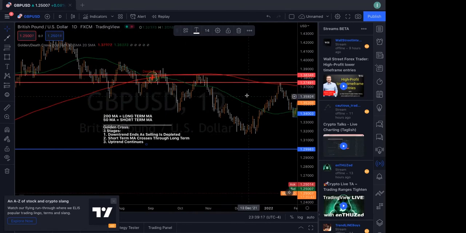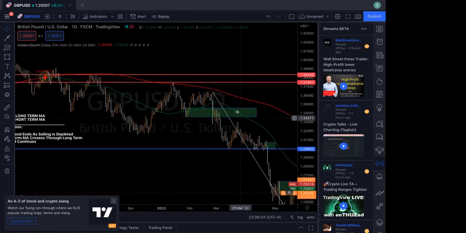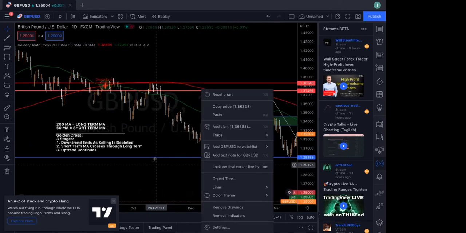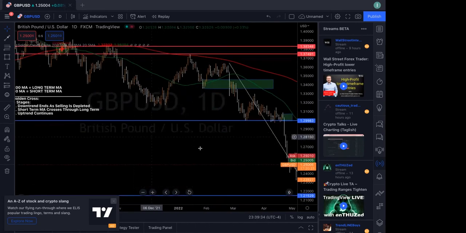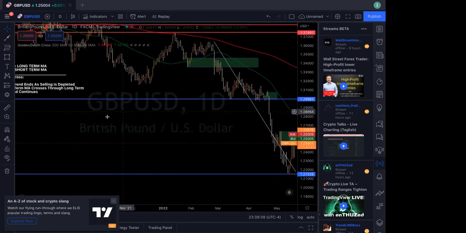You can also tie order blocks in too. These green boxes are where the order blocks are, these two red lines are the two top resistance points, and these two bottom blue lines are supports.